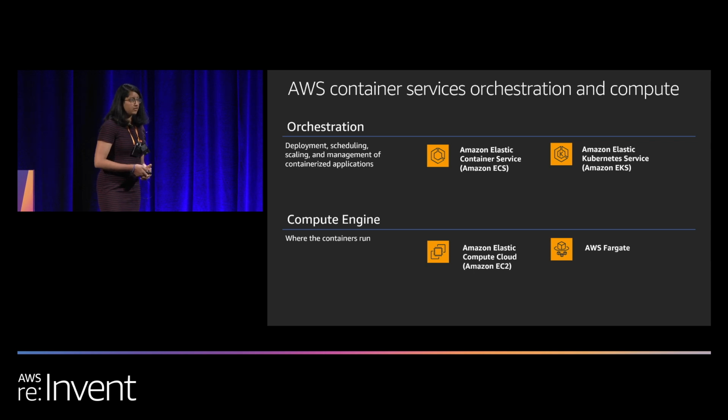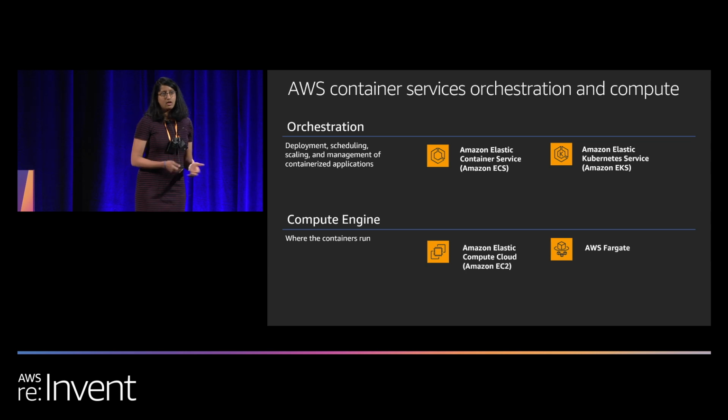So once you have decided the orchestrator that you want to use to manage your containers, then you need to decide which compute option to select to run your containers. So for compute, we have Amazon EC2. It's self-managed. You control what kind of instance types you want to use for running your containers, fully controlled by you.